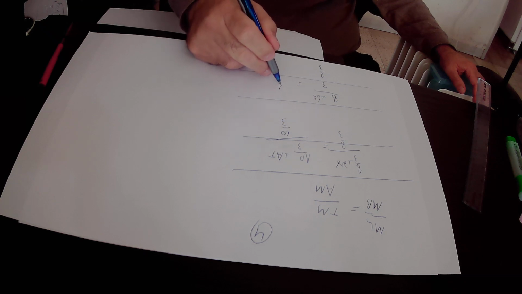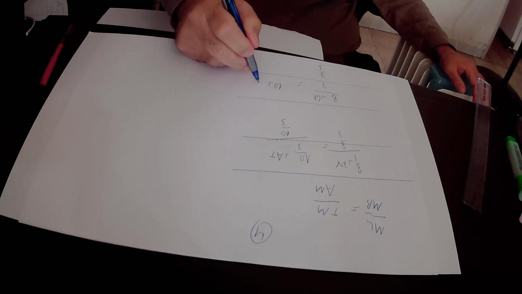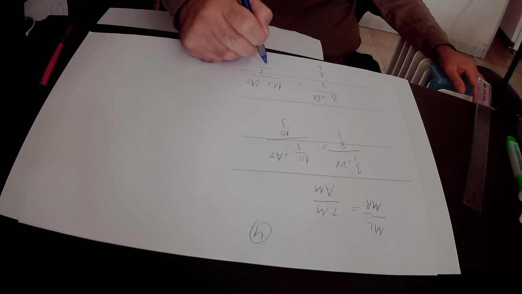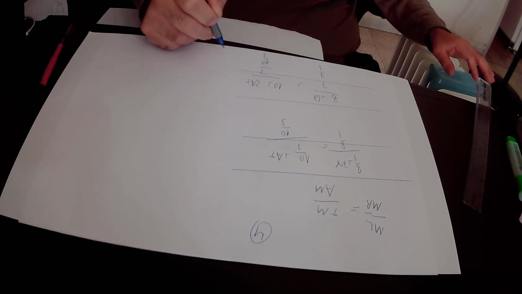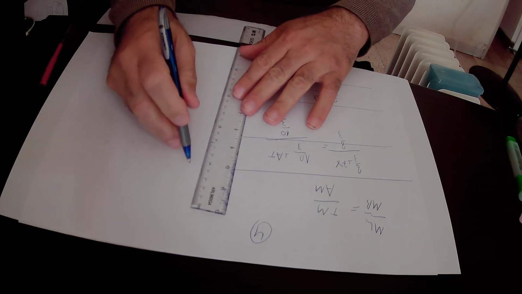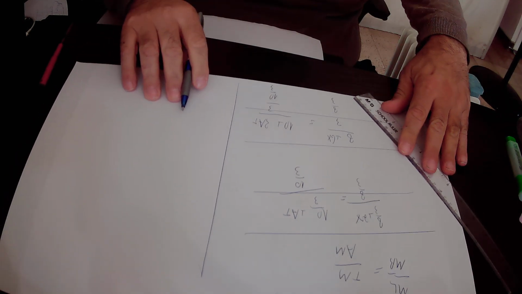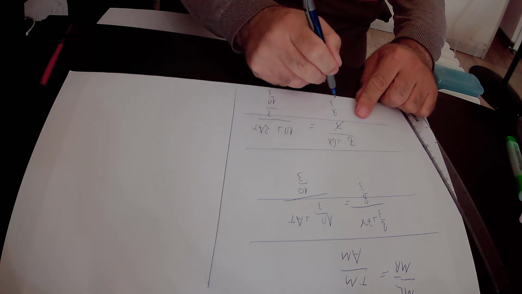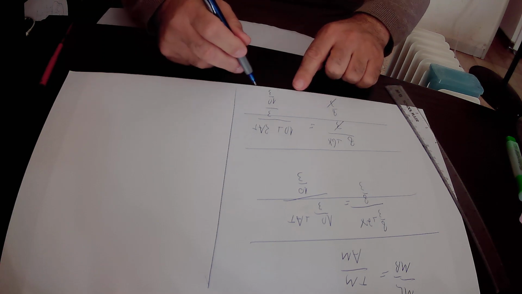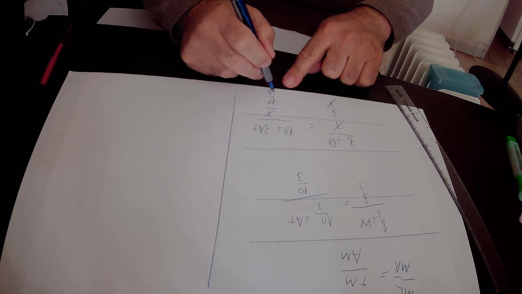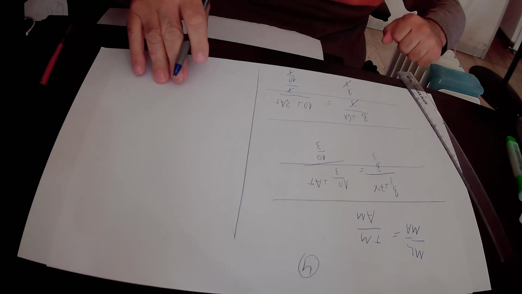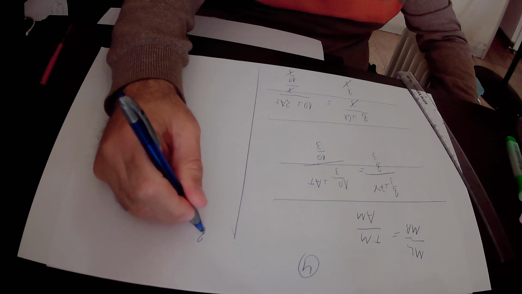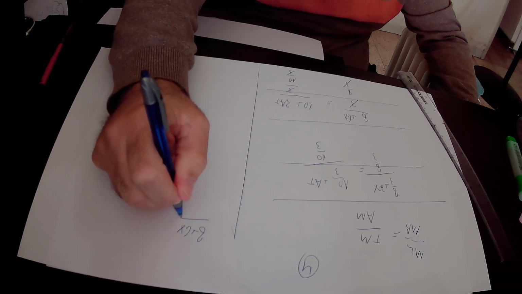So we have 8 plus AT times 3, which is 3AT, over 3, over 8 over 3. Here on this side of the equation we have 3 in the numerator and 3 in the denominator, so 3 will get cancelled. Here also we have 3 in the numerator and 3 in the denominator, so 3 will get cancelled. And finally, after we cancel 3, we are left with 8 plus 6x over 8.